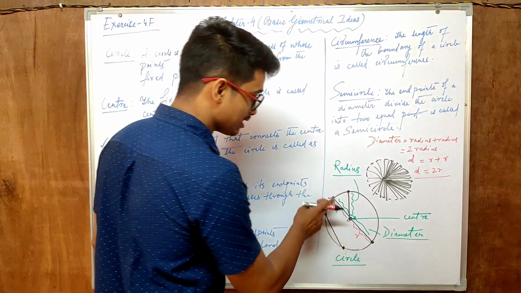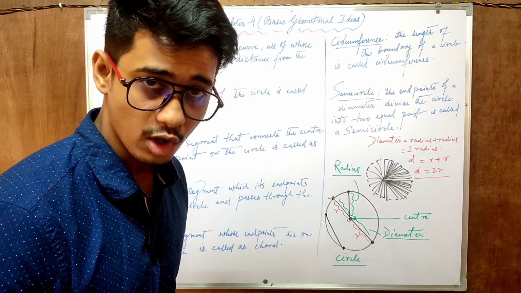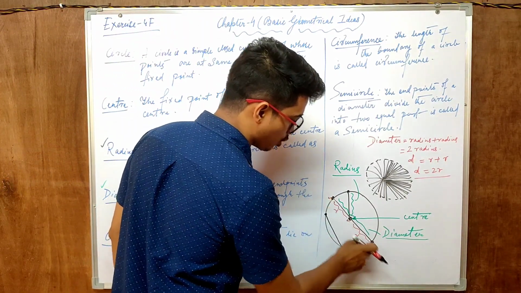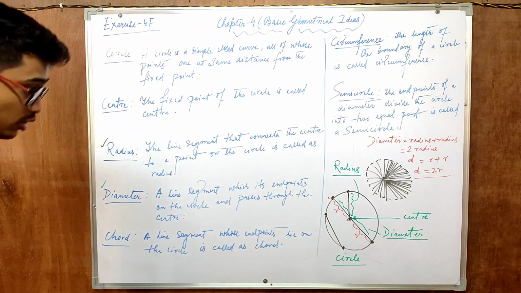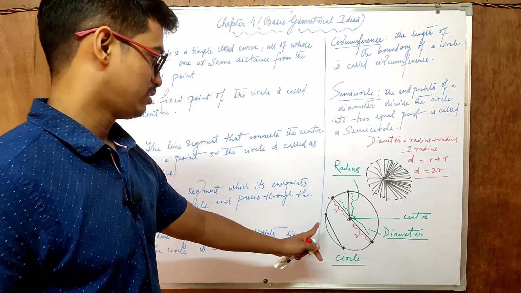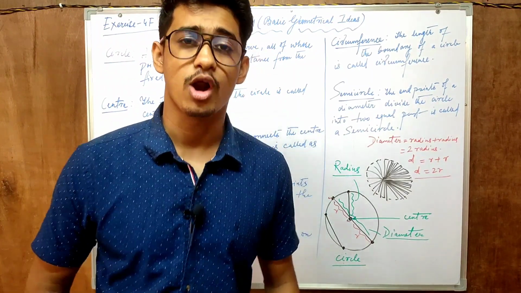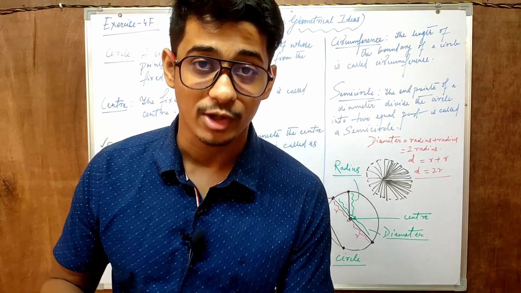So if you look at the diameter, is it a chord? Definitely, because its 2 endpoints also lie on the circle. So now the question is, is a diameter a chord?